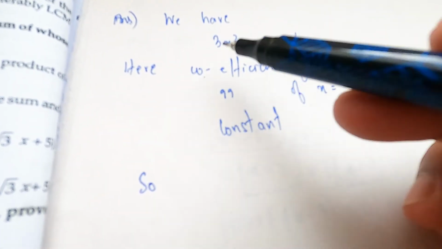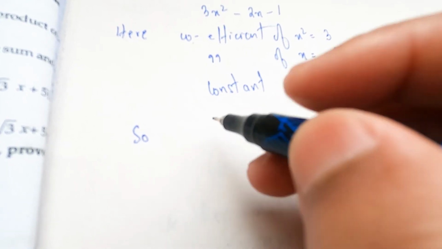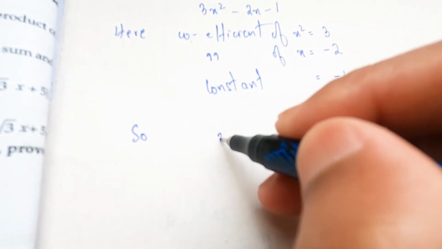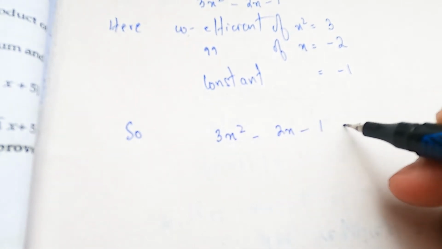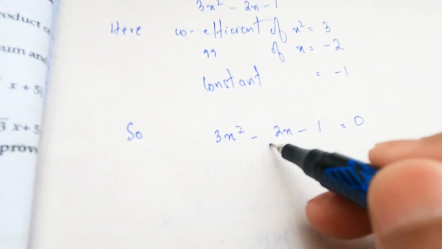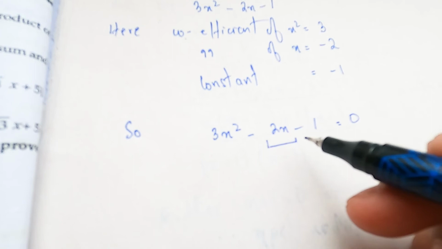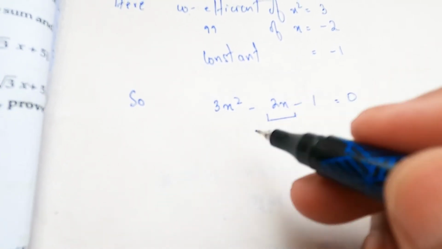So let us find the zeros of this quadratic polynomial. 3x square minus 2x minus 1 is equal to 0. As I've told you before, we will use splitting the middle term.